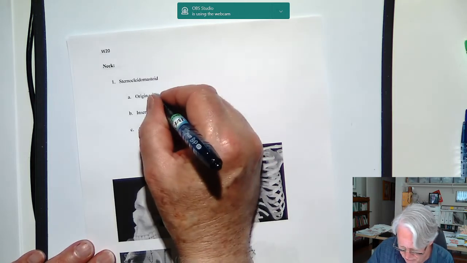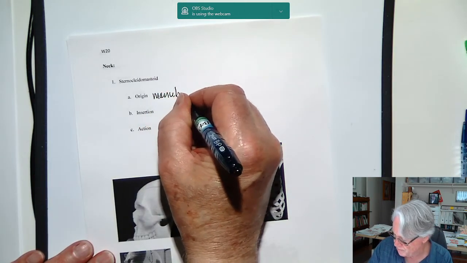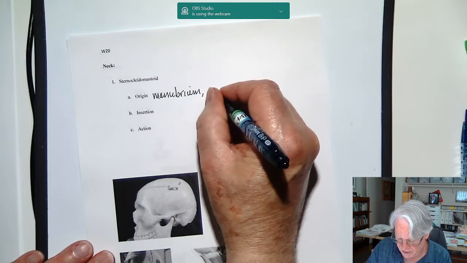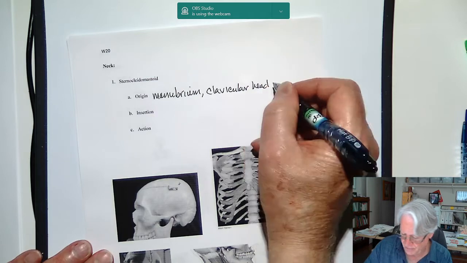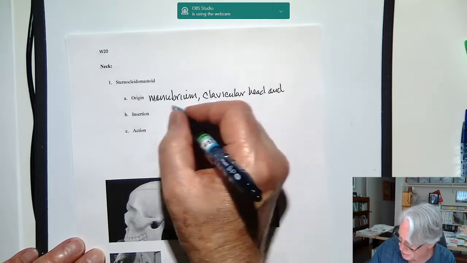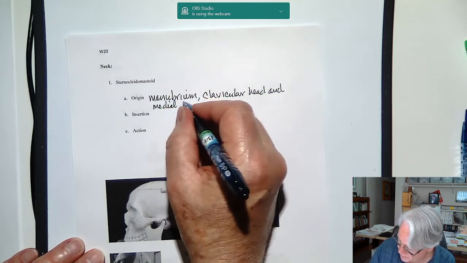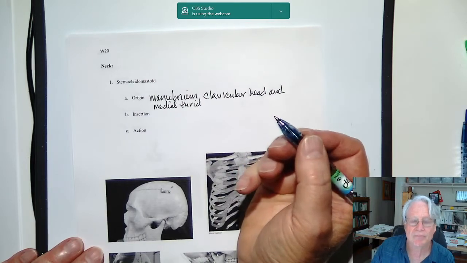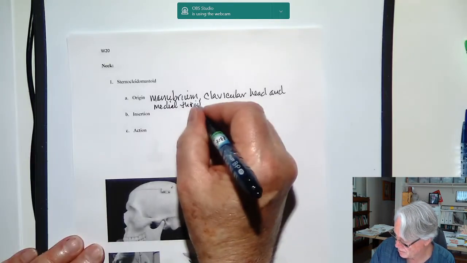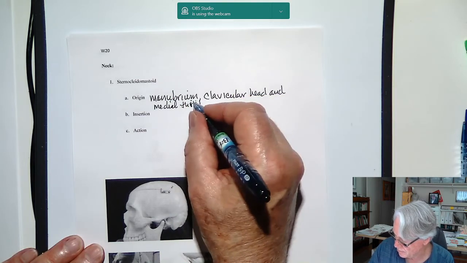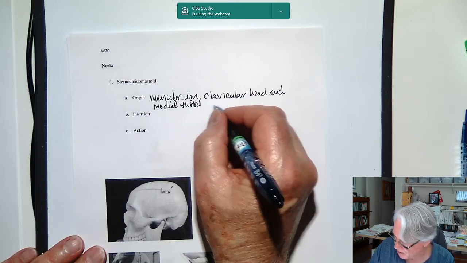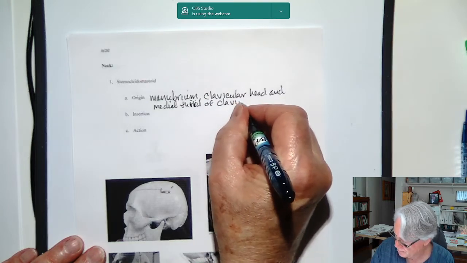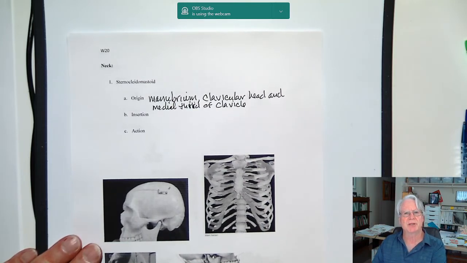So the origin is the manubrium, clavicular head, and medial third of the clavicle.